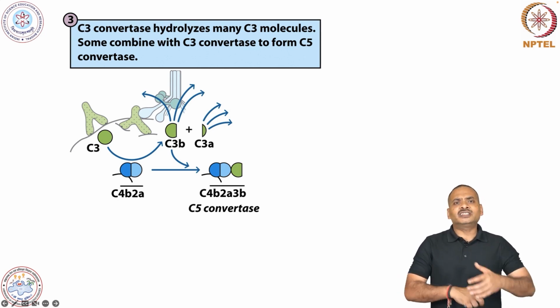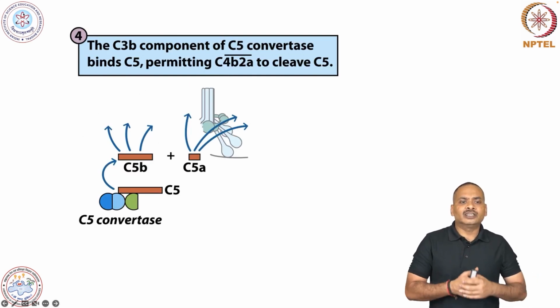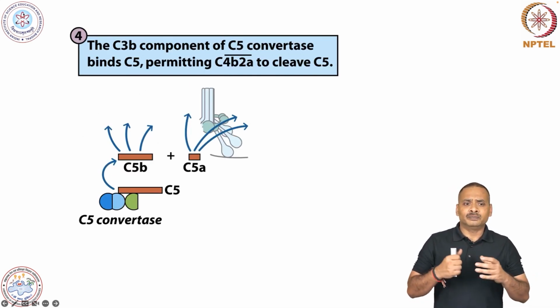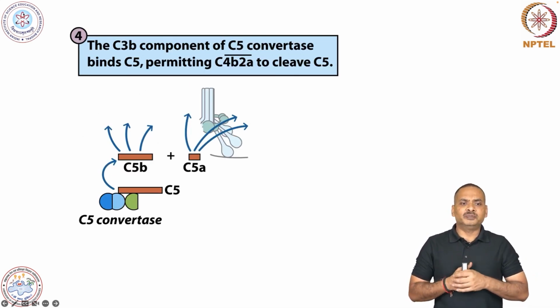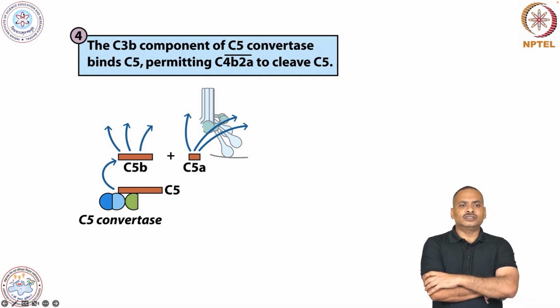This C5 convertase is needed for generating a lot of C5A and C5B. Here you can see the generation of C5B and C5A.